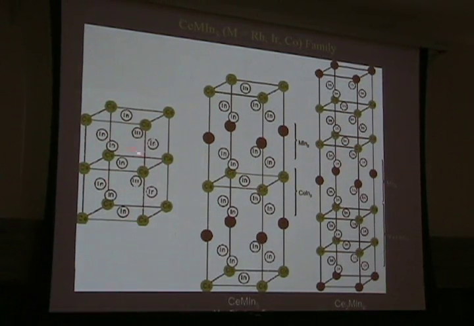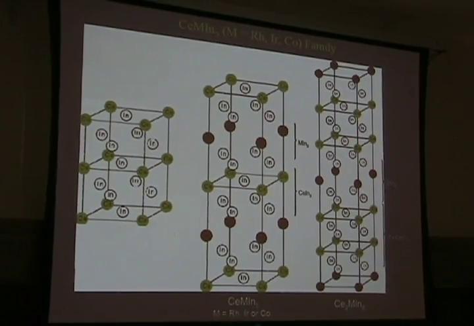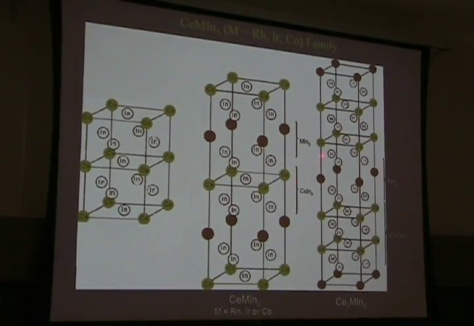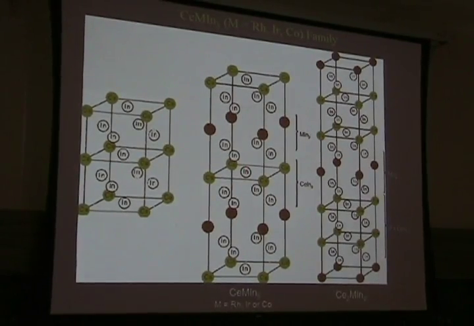We have the CeIn3, which is a cubic material, and the 115, the single layer version of the CeIn3, tetragonal one. You have the transition metal layer and the CeIn3 block. When you go to the 218, you have two CeIn3 blocks close to each other along the C-axis.